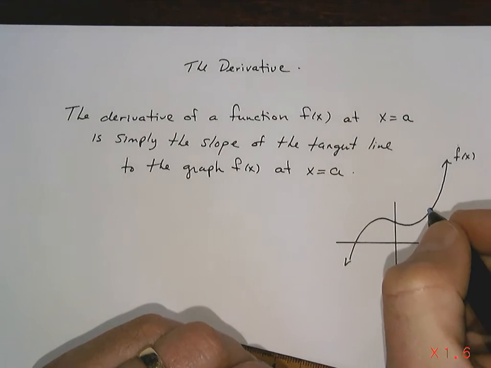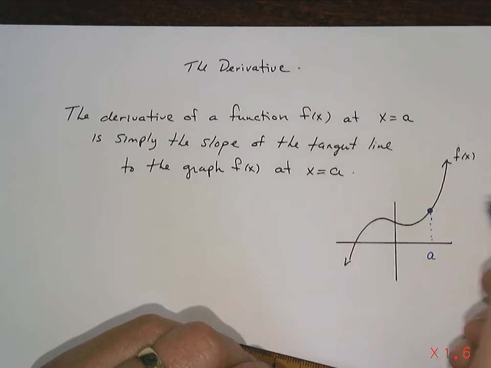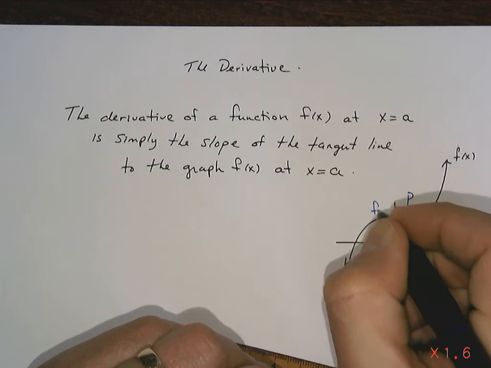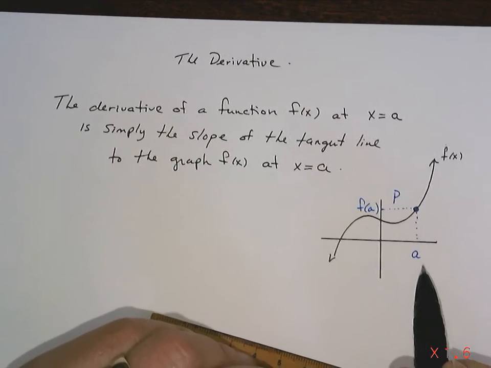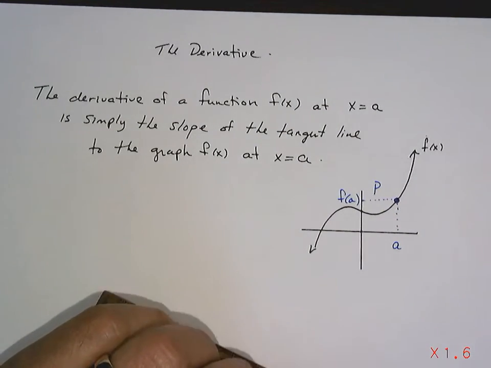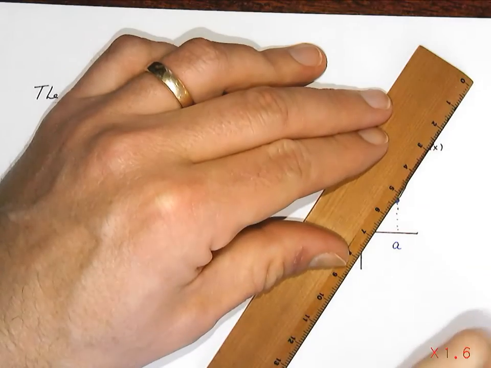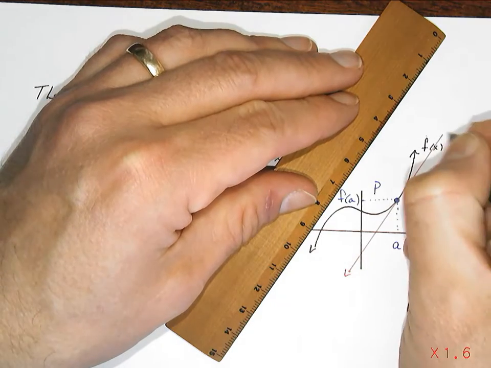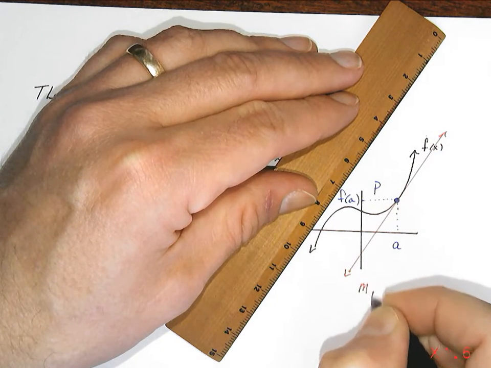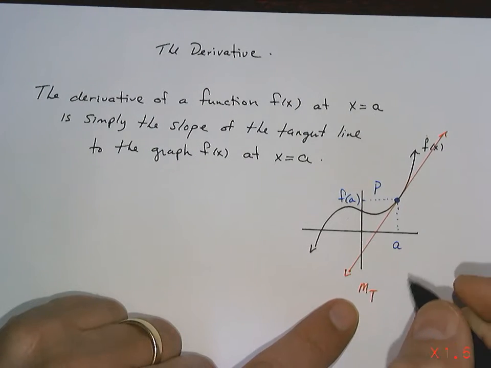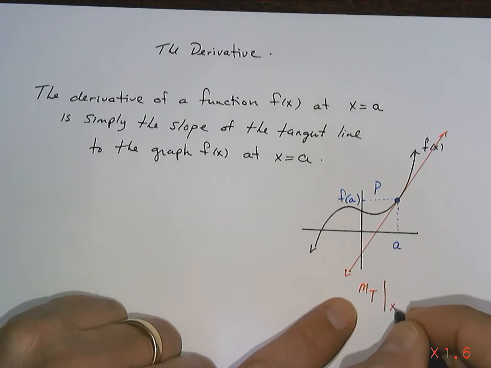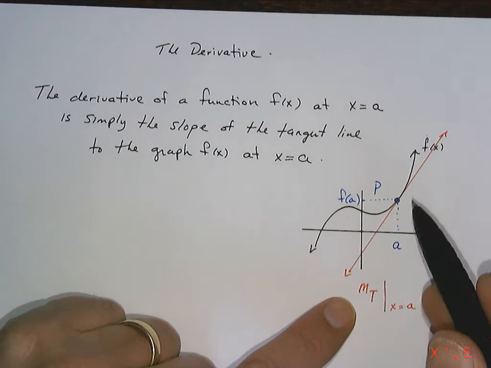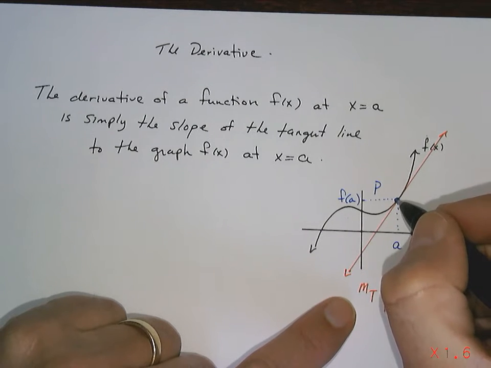Notice that this particular point, I'm going to call it P for point, is given by a comma f of a. And the derivative is the slope of the tangent at x equals a, which means the slope of this line going through this point.